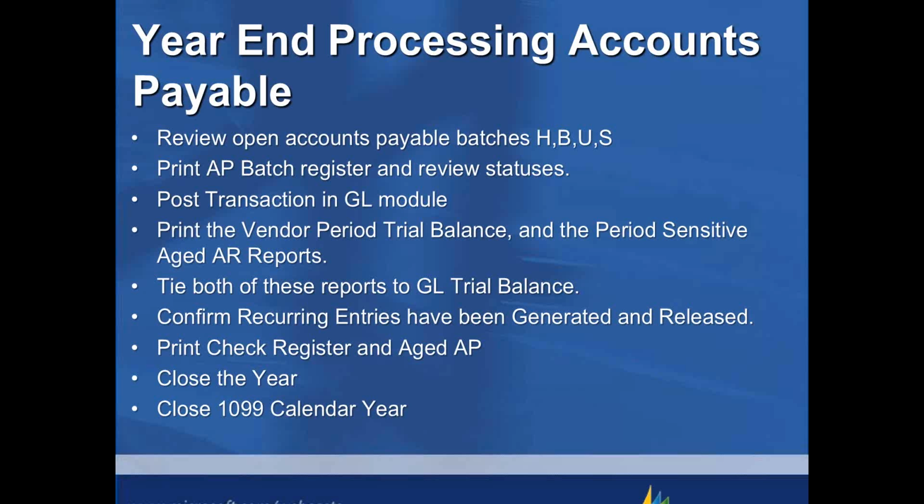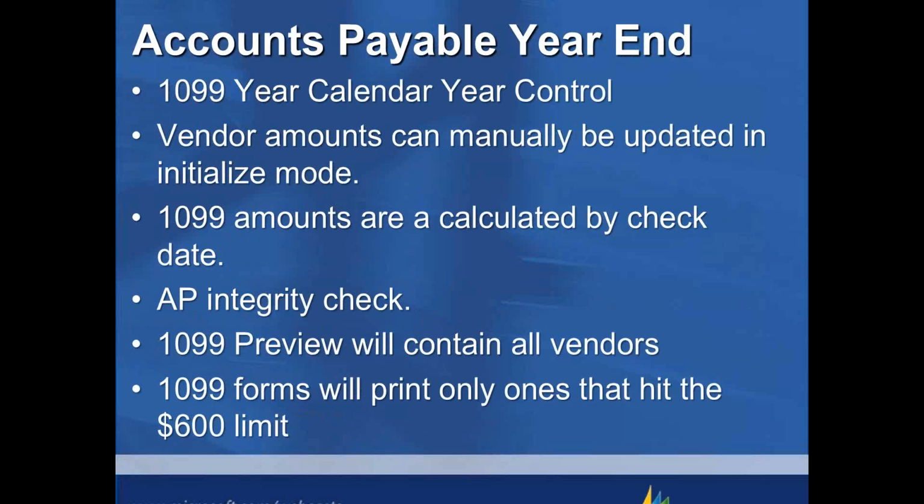year. In addition to that, for 1099s, we need to also make sure that our 1099 calendar year control is correct. Some further comments about the 1099 calendar year control.